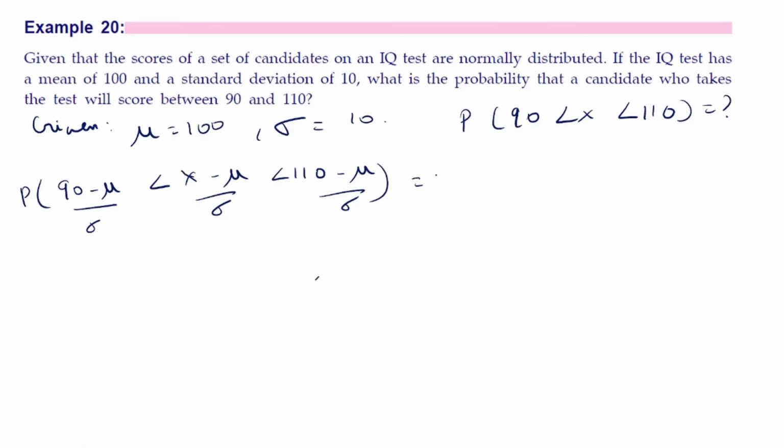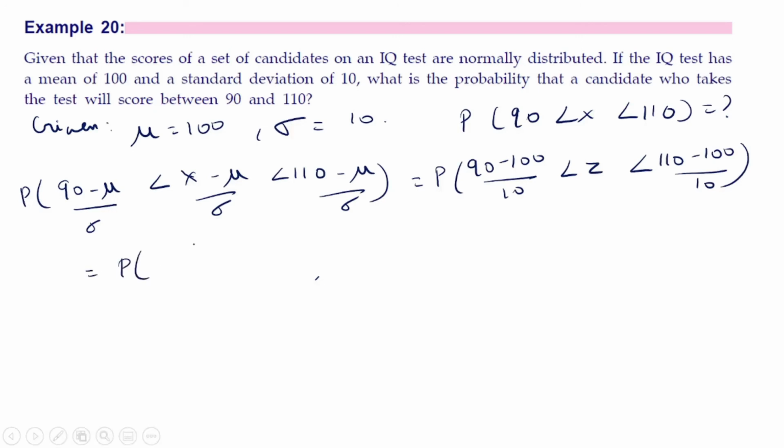Substituting mu as 100 and sigma as 10, this is equal to probability of 90 minus 100 by 10 less than z less than 110 minus 100 by 10. Here 90 minus 100 is minus 10 by 10, which is minus 1, and 110 minus 100 is 10 upon 10, which is 1.